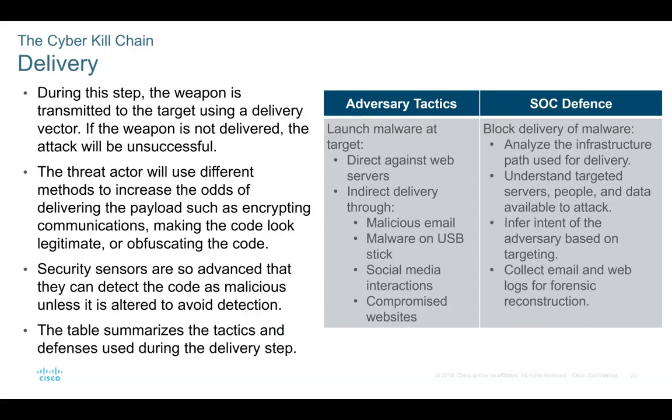All right, then you've got the delivery. They decided now on the exploit kit that they want to use, and now the delivery. So write that down. The third step in the Cyber Kill Chain is the delivery. This is where the weapon is transmitted to the target, and most likely the target will have to take action, like double clicking on an executable file, which will allow the attacker to have access to your system.